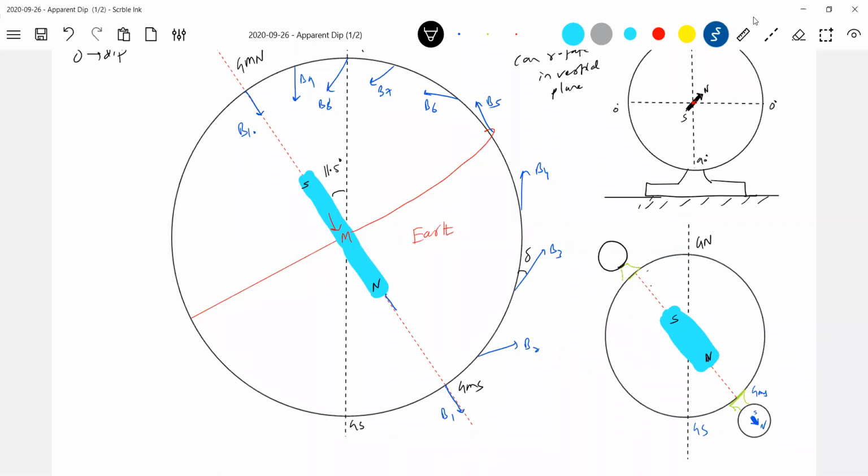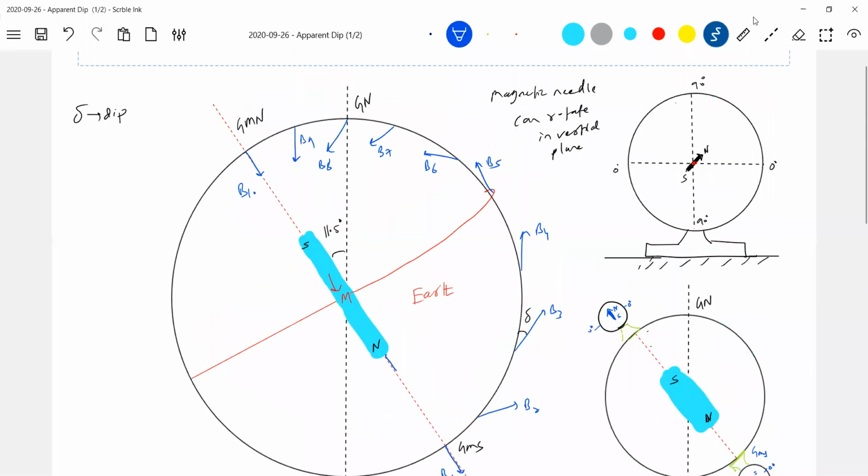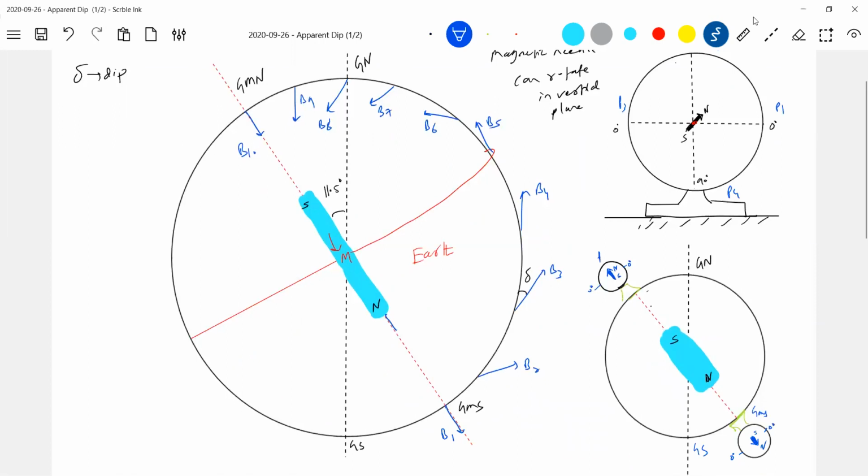The needle will align itself in this direction. Got the idea? So if you're getting confused, you can write it as P1, P2, P3, P4. So here it will be P1, P2, P3, P4.